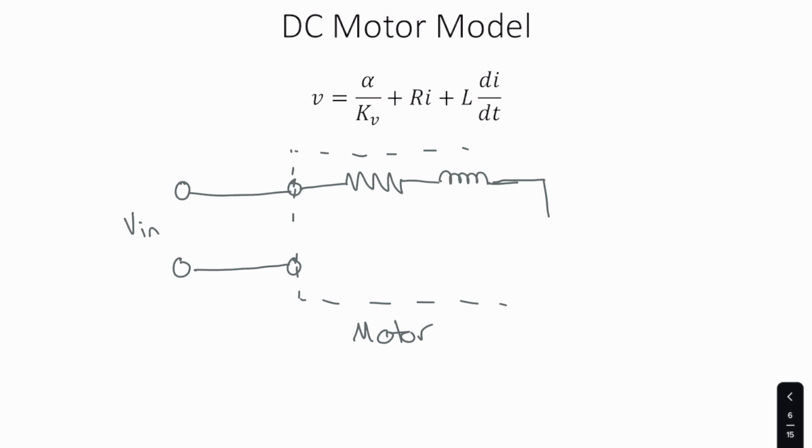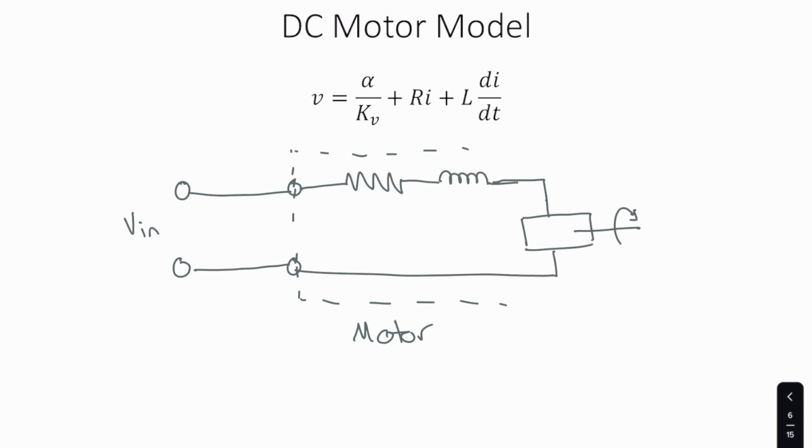After the inductor, we need to model the fact that our motor is going to have not just an electrical part to it, but a physical part. It's going to rotate a shaft. And I'll just draw the rotation here arbitrarily in the clockwise direction.